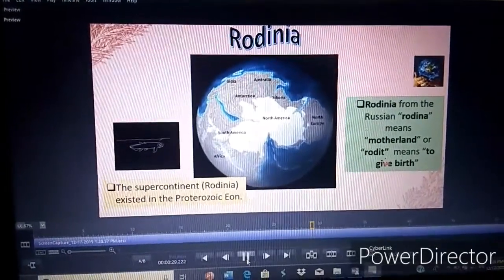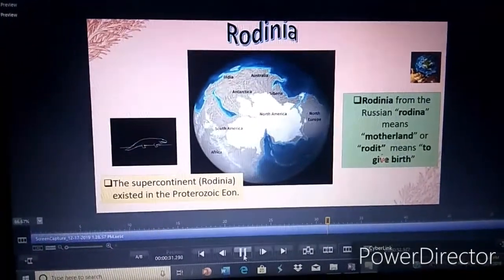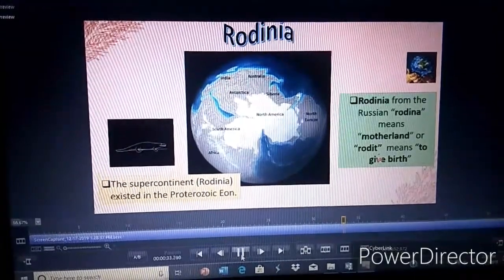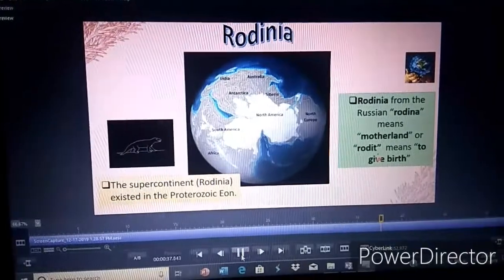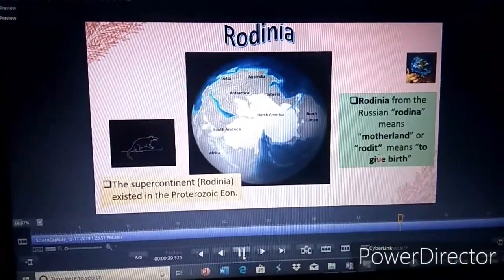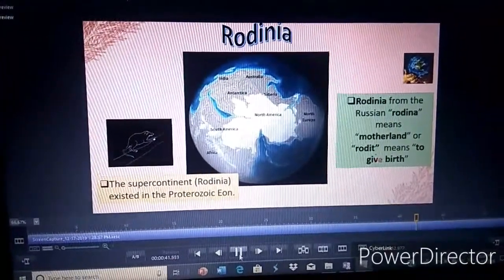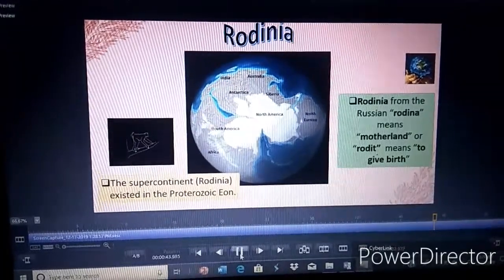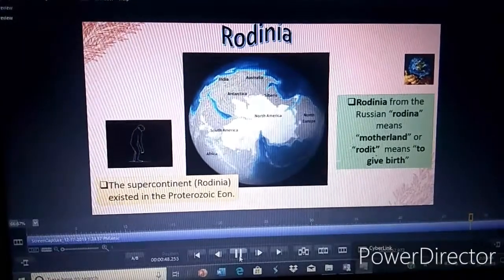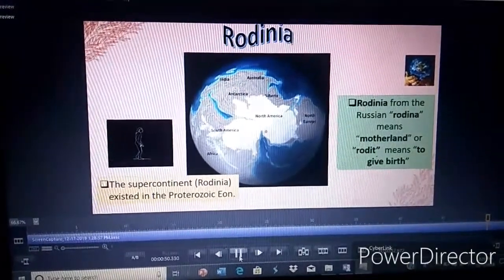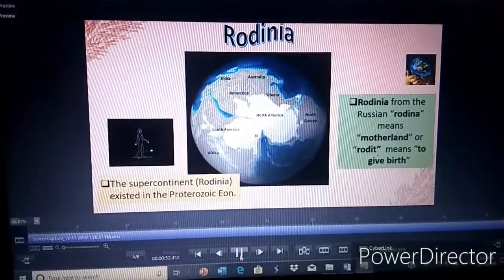According to Genesis.org, when God spoke the dry land into existence on day 3 of creation week, Genesis 1 verses 9 to 10, He may have created a landmass similar to Rodinia, so that's why it is called rodit, meaning to give birth.